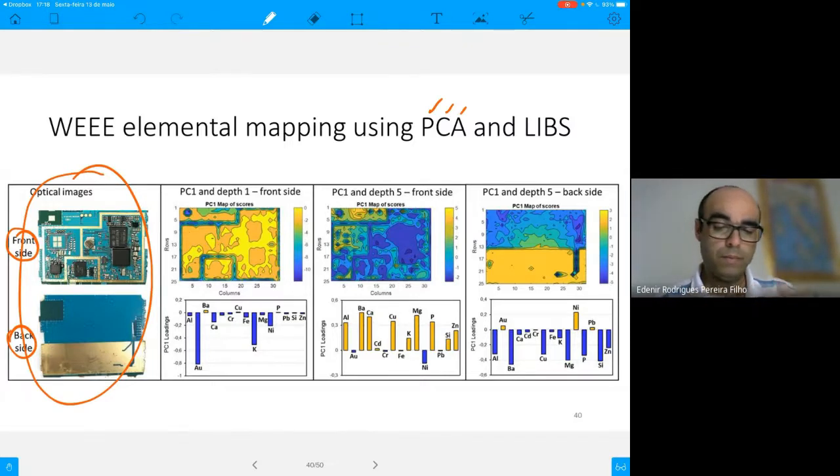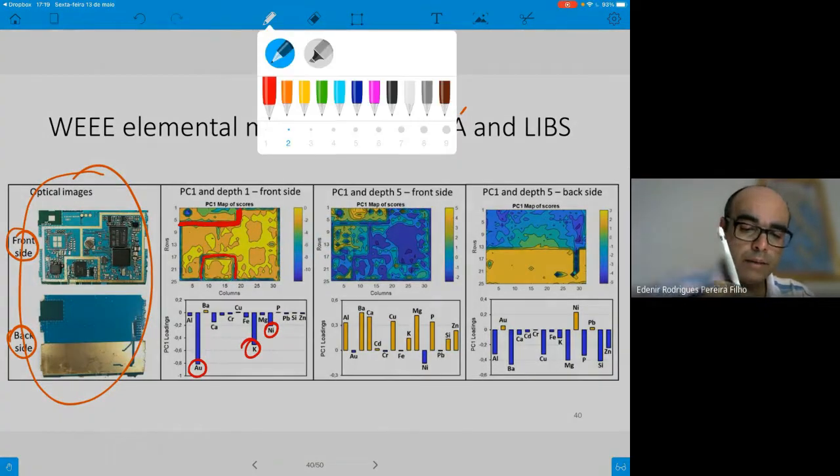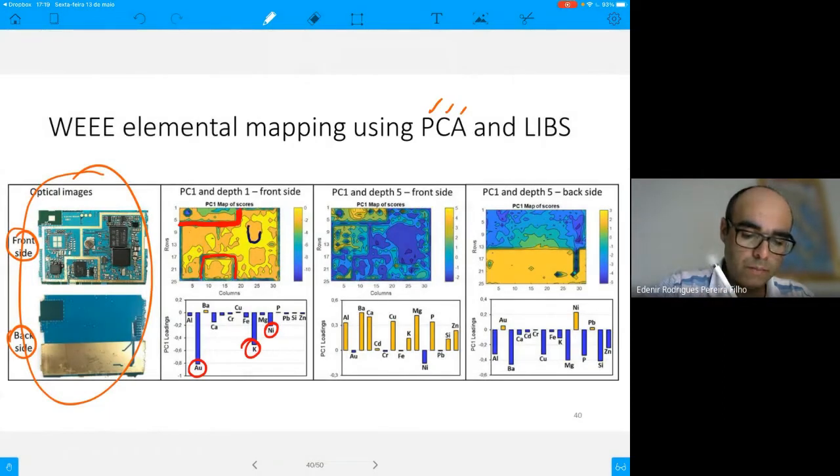For example, in the front, this area that I am drawing with this red line is rich in gold, potassium, and nickel. This area here also. And this area that is in yellow is rich in barium.